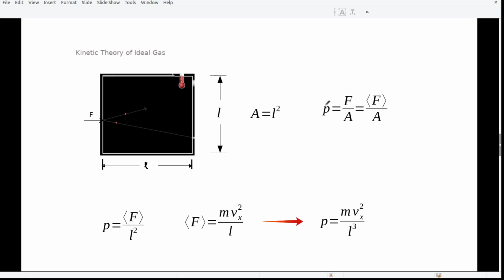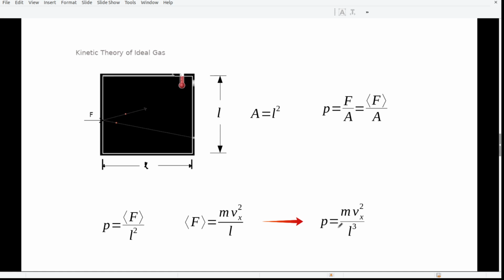Now we're looking for the pressure, or the average pressure. The average pressure is the average pressure force over the area. We're talking about an L cubed box, so the area of any face is L squared. So the pressure is force divided by area. Here's the force we just solved for, mvx squared over L. Then all we have to do is multiply that by 1 over L squared, the same as dividing by the area. That bumps the L up by another factor of 2.